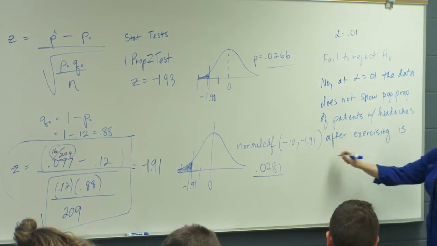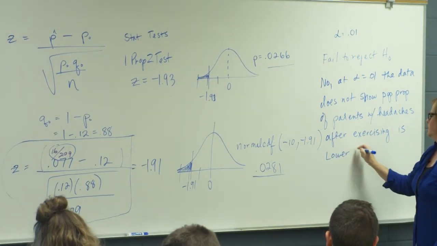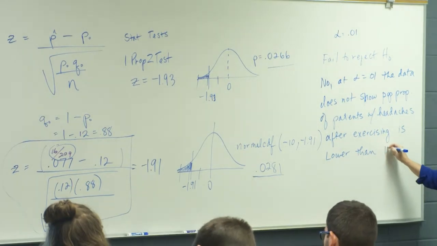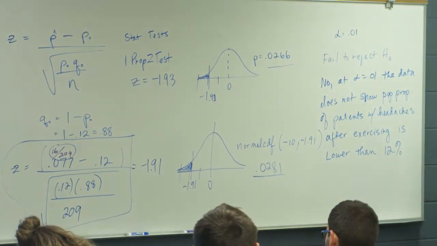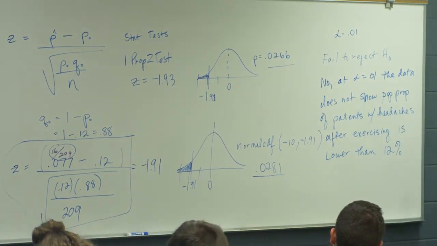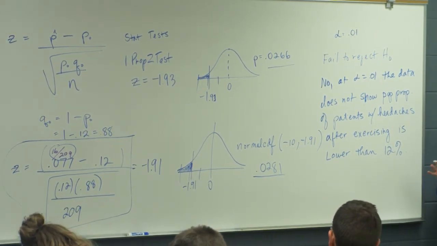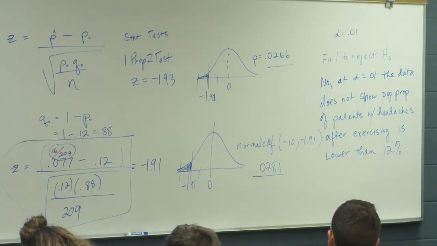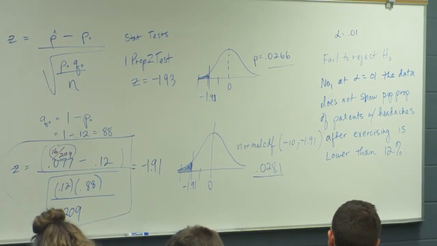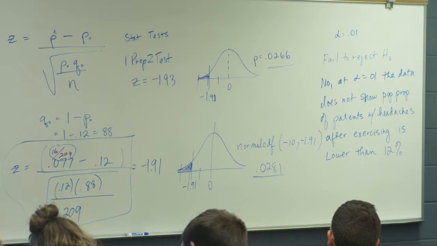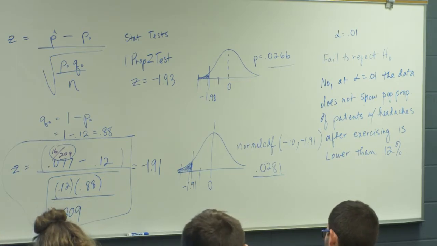Does not show that it is lower than 12%. Yeah. So is the data statistically significant then? No. Yeah, that terminology is only if you're able to reject the null. Okay, questions there?